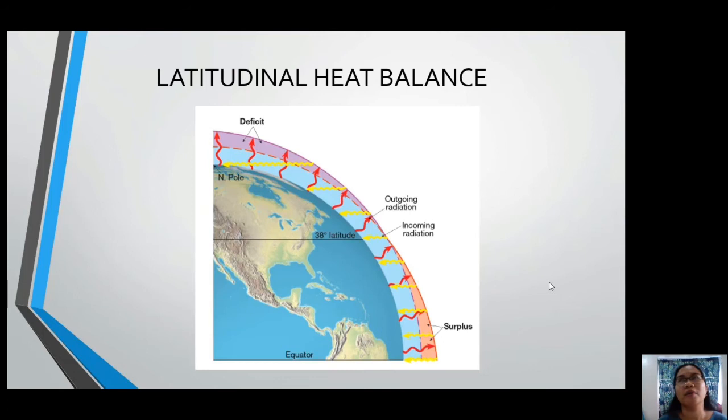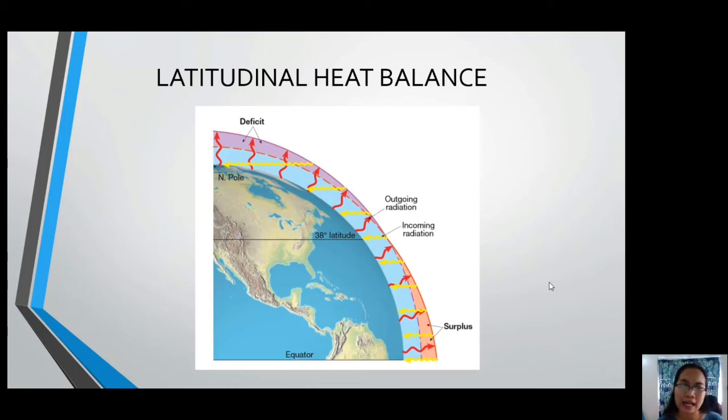Okay, so now let's answer the latitudinal heat imbalance. We are expecting that there would be a latitudinal heat imbalance dahil nga near the equator, they are heated. They are much heated kumpara dun sa mga North Pole and South Pole.